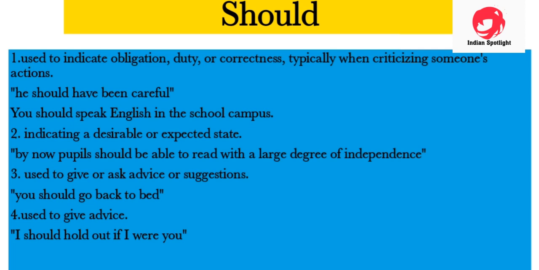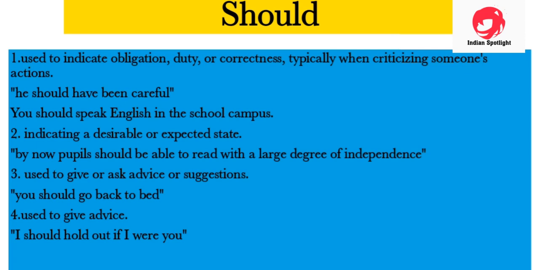Number two, indicating a desirable or unexpected state. Now, while we are talking about these things, by now pupils should be able to read with a large degree of independence.